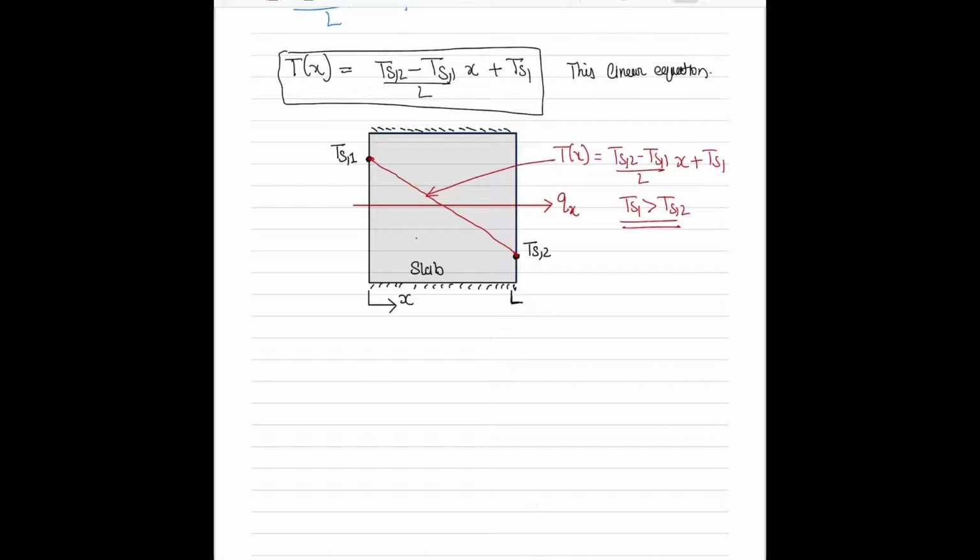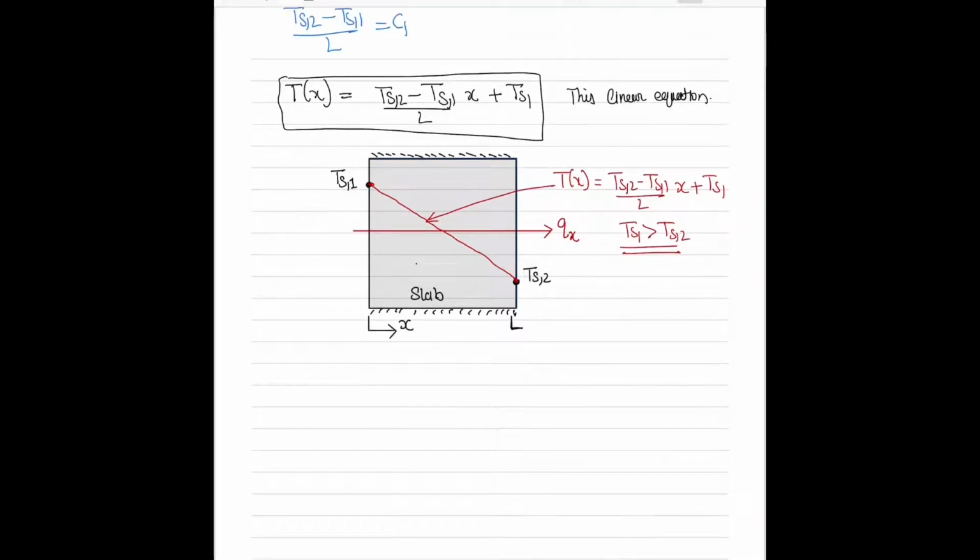So we have succeeded in finding the temperature distribution inside the slab by modifying the energy equation as per our assumption. Now let's find the heat transfer rate through the slab.